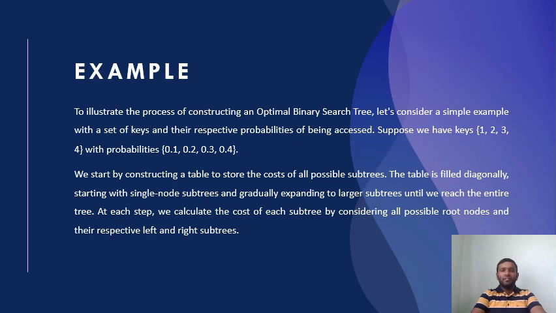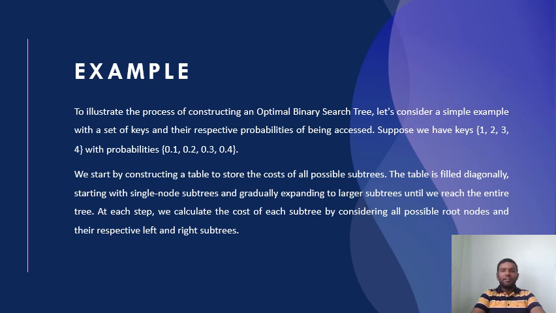To illustrate the process of constructing an optimal binary search tree, let us consider a simple example with a set of keys and their respective probabilities of being accessed. Suppose we have keys 1, 2, 3, 4 with probabilities 0.1, 0.2, 0.3, 0.4. What happens is we start by constructing a table to store the costs of all possible subtrees.